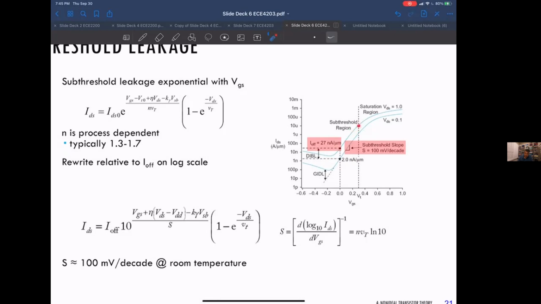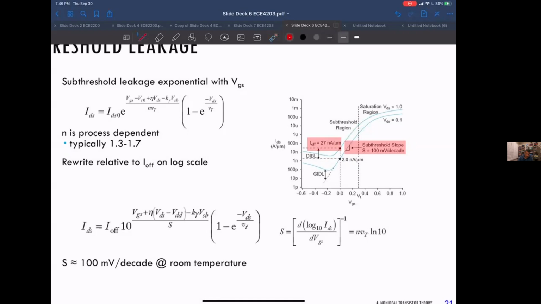So if your threshold voltage is 0.3, at 0.1 VGS, sorry guys, your current is whatever it is at VT, and VT is 0.3 volts.